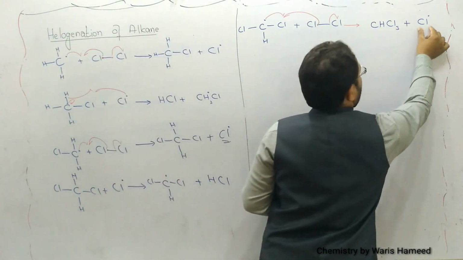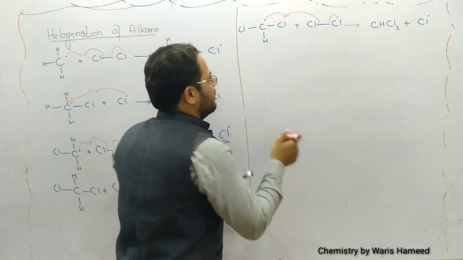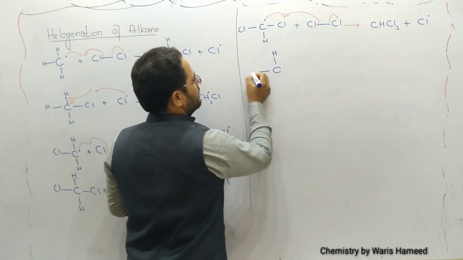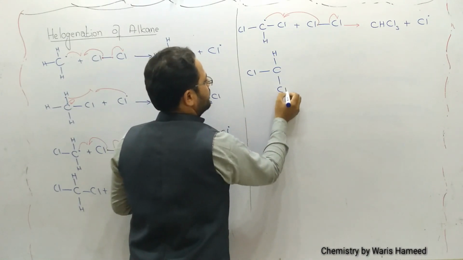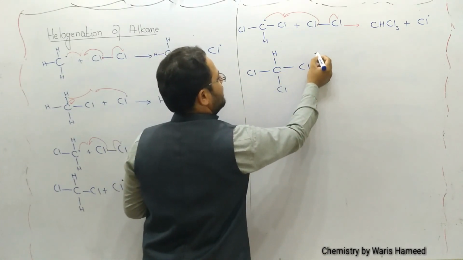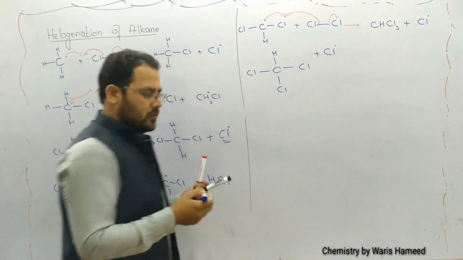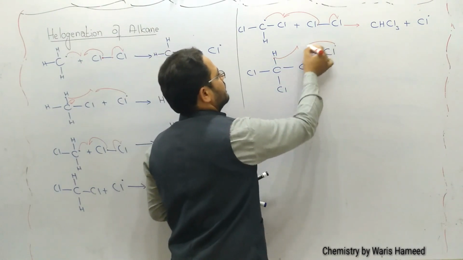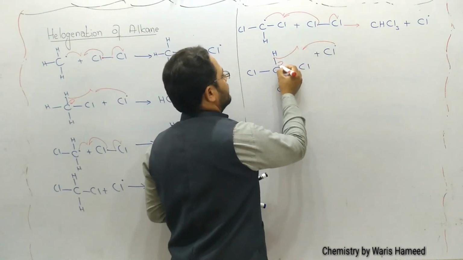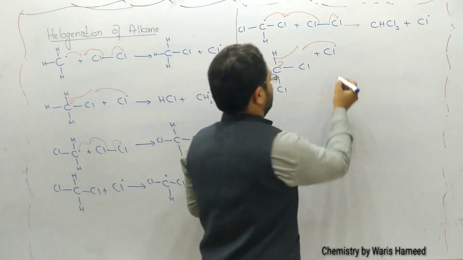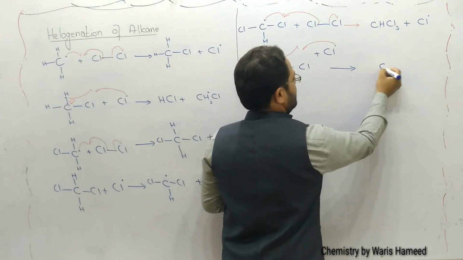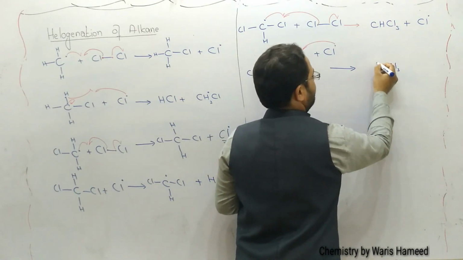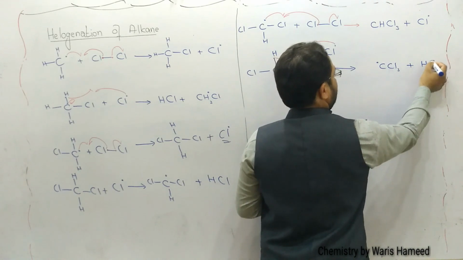Now this chlorine radical will again react with this chloroform, and again this chlorine will abstract the last hydrogen atom present in chloroform. It will be CCl3 radical and HCl.